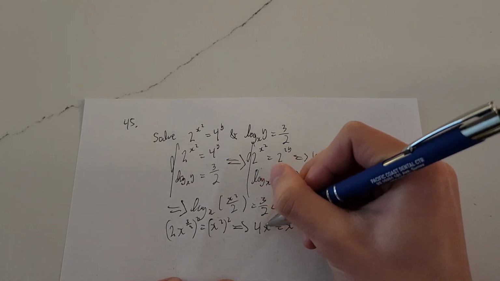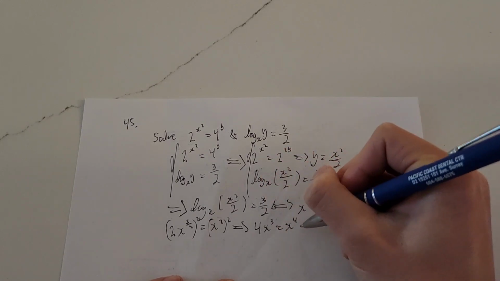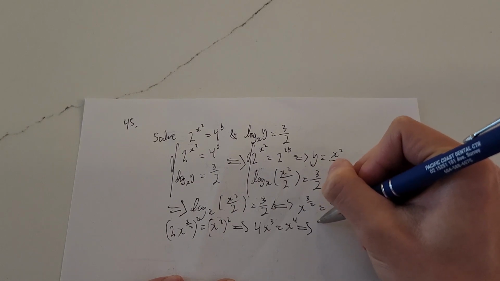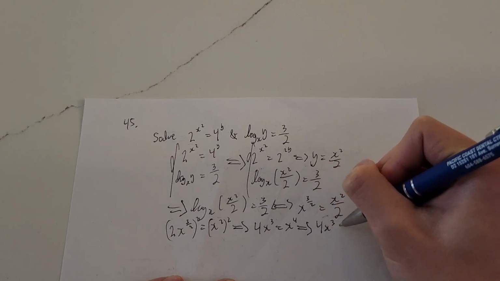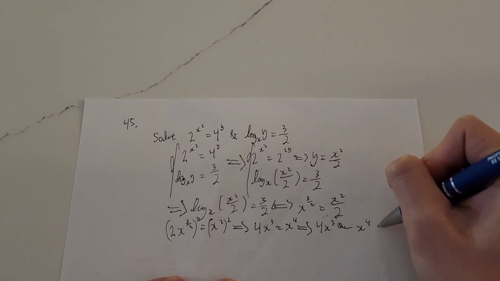And since we have this equality now, we can just move this to one side and factor things out. So that also is true if 4x cubed minus x to the fourth is equal to 0.